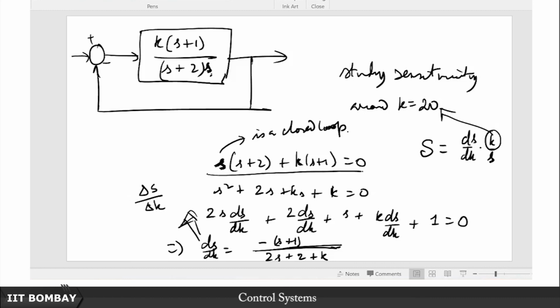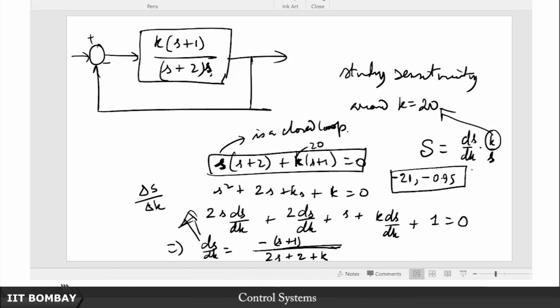I simply solve this equation, and I get two closed loop poles because I plug in k is equal to 20 here and solve for the two poles. I think the poles would come out to be somewhere near, if I computed correctly, around minus 21 and minus 0.95. Those are my approximate calculations I had done some time back. So please check, those are going to be the roots of this equation when you plug in k is equal to 20.